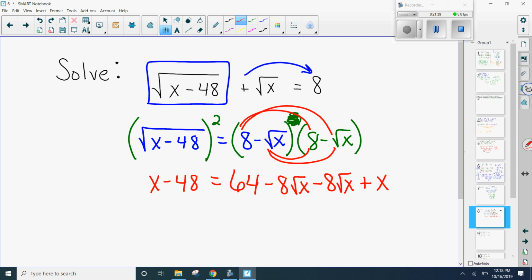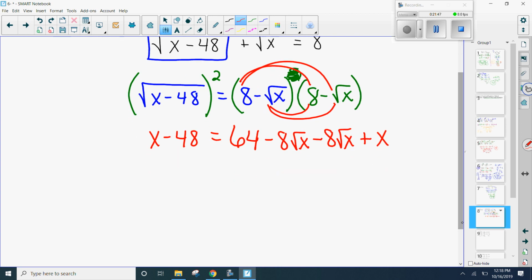The value's under, it's like the square root of 3 times the square root of 3 is just 3. So now you have x minus 48 is equal to 64 minus 16 radical x plus x.